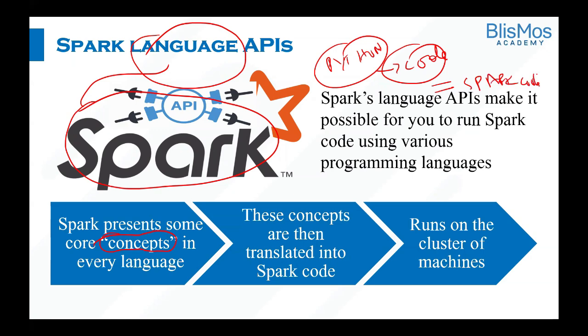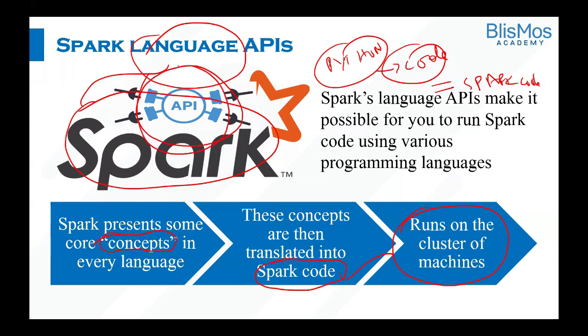So whenever you write code in Python, there is a kind of mapping between the Python code and the Spark code, which we call core concepts in every language. Then that code is translated into the Spark code. So at the end of the day, Spark code is the one which runs on the different machines in the cluster for performing the data processing. Okay, that is how Spark is able to support multiple languages.